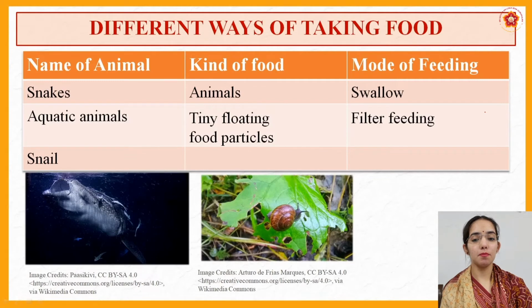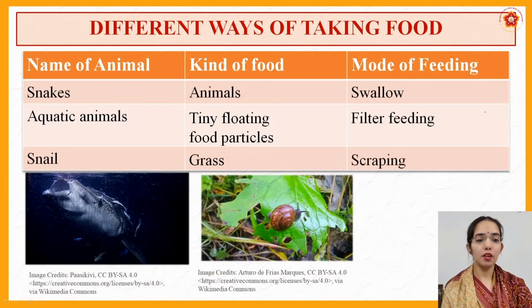Now the next animal is the snail. As you can see in the picture, it is feeding on grass. So what is its mode of feeding? It's called scraping. What happens in scraping? They will remove the surface structure.